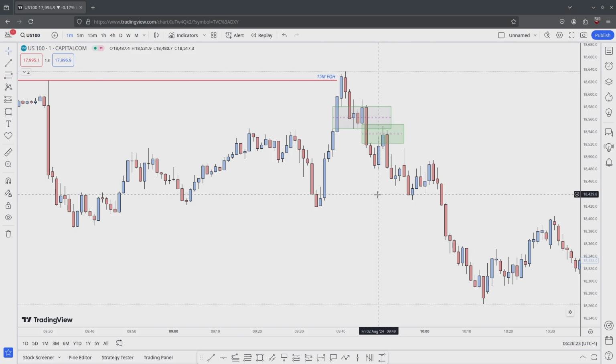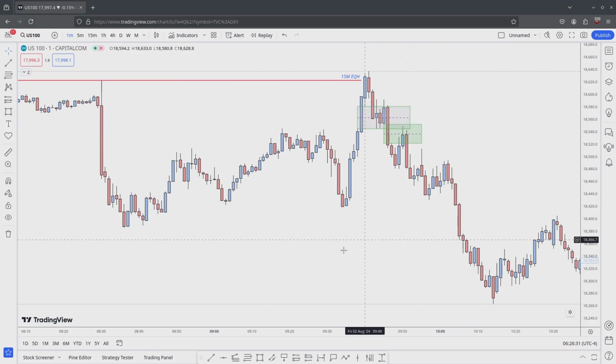That could be something on the 15, the 5, the 1 minute, or even the hourly chart where you see something here and you anticipate price to go to that target and trade to that level. So you do need to have a clear draw on liquidity before you can take any setup here. So don't get confused between the two here.